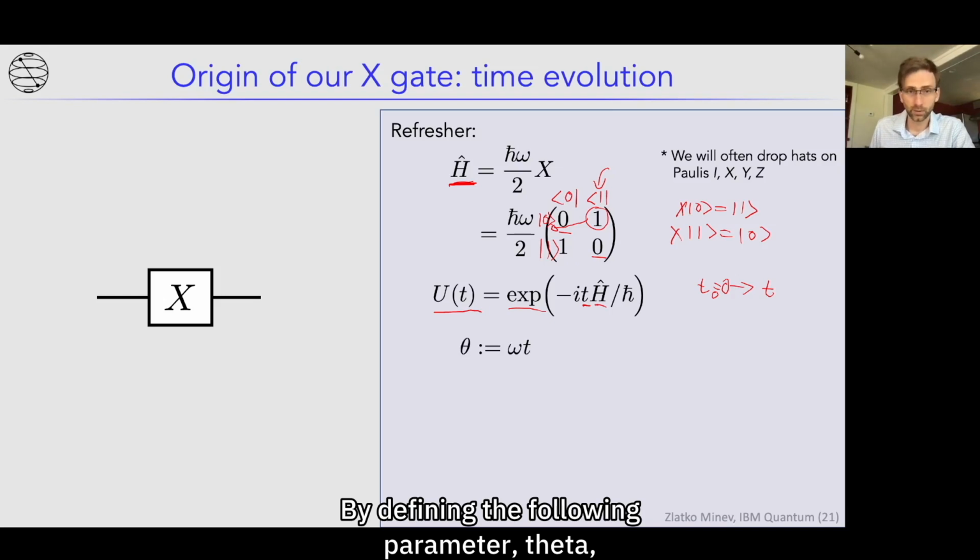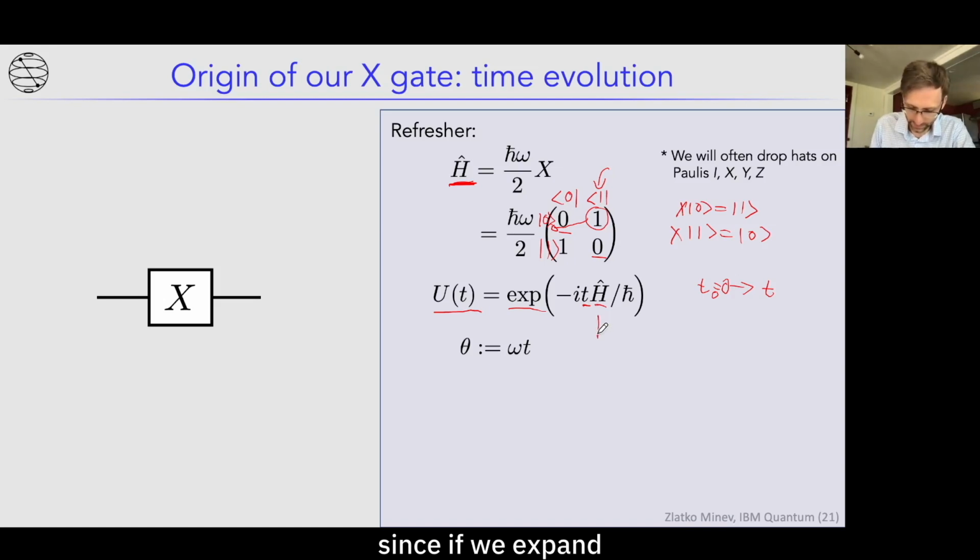By defining the following parameter, theta, as omega times t, since if we expand H hat over h bar, the Hamiltonian will have an h bar omega over 2 h bar times X. So we can define an angle that's got no units.